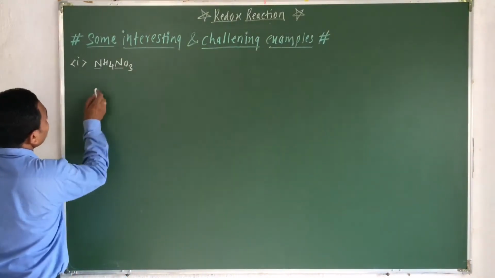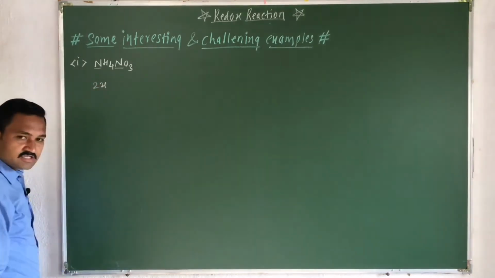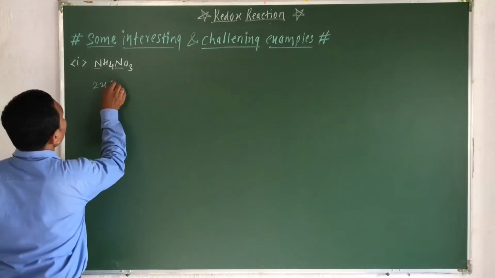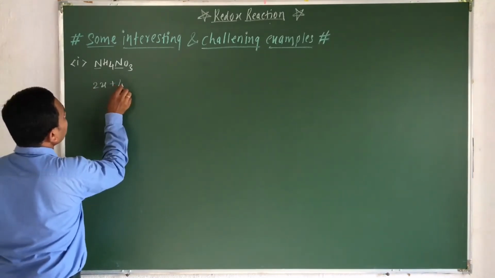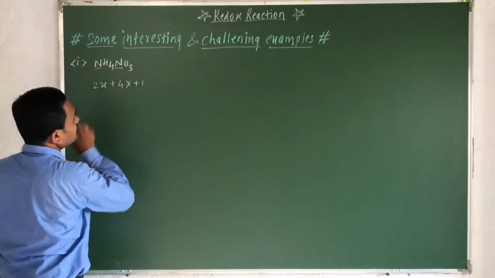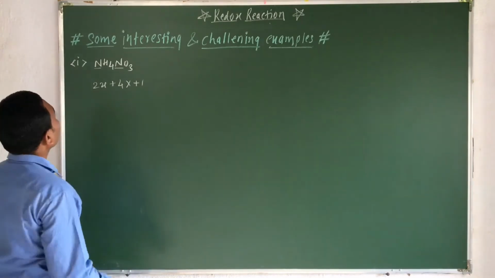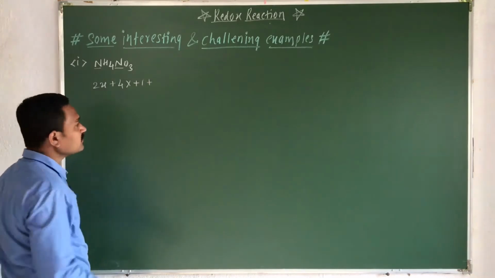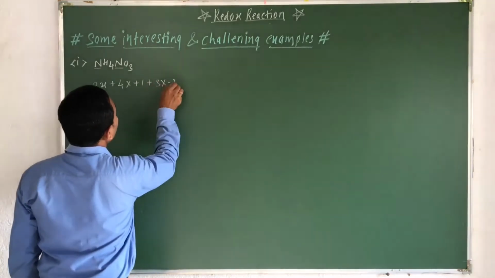For nitrogen atom we consider X as the oxidation state, and there are 2 nitrogen atoms, therefore 2X, plus 4 hydrogen atoms, and we know that the oxidation number of hydrogen is plus 1. Now for oxygen, obviously 3 into minus 2.